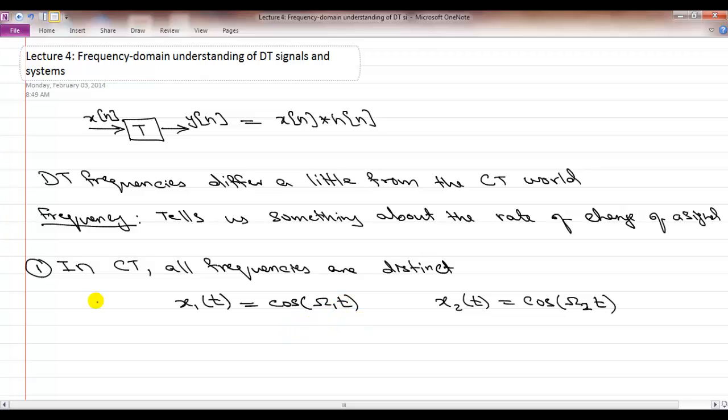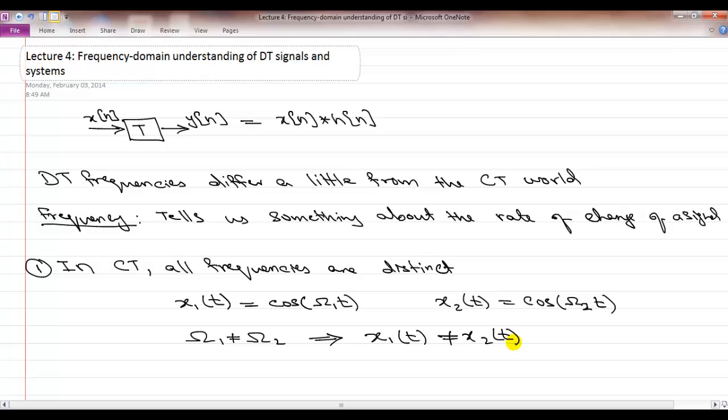If I guarantee that omega 1 is not equal to omega 2, so you have two sinusoids with two different frequencies, then this means that x1(t) is not equal to x2(t). So distinct frequencies mean distinct signals.